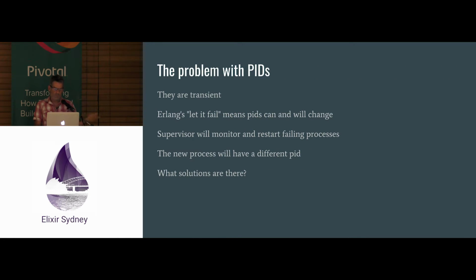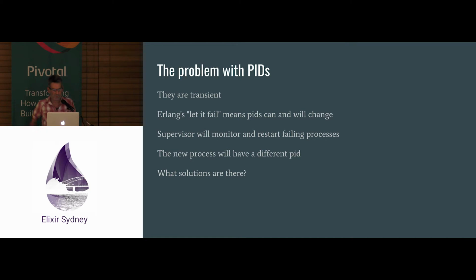So the problem with PIDs is they're sort of transient, and especially with Elixir's, or Erlang's, let it fail mentality, PIDs can and will change. So if you've got a supervisor and you're creating processes, and they may be named, or you may be creating a whole lot of processes, and if they get restarted, then the process might have the same name, but the underlying PID has changed.